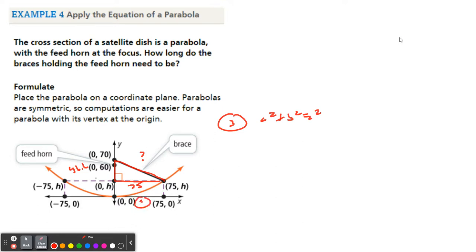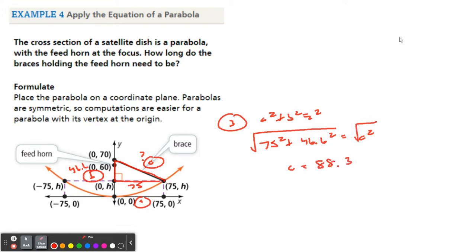Let's let 75 be A, 46.6 be B, and our brace length be C. So 75 squared plus 46.6 squared equals C squared. We're going to type it in all at once and round to the nearest tenth. When you do that, you get 88.29. So when I take the square root of both sides, my C value is 88.3, and that would be in centimeters. And that's how long the braces have to be to support this feed horn.